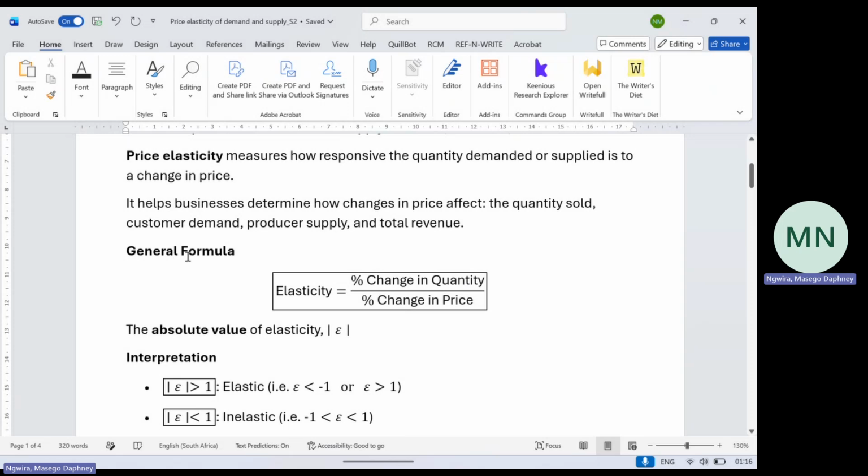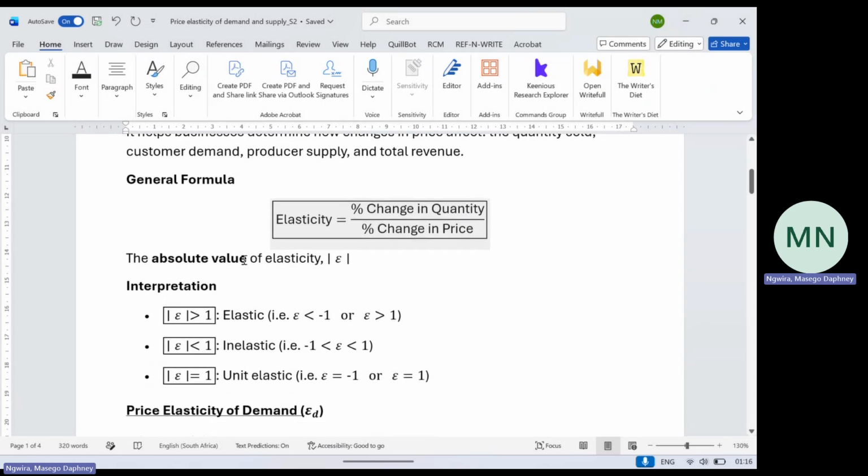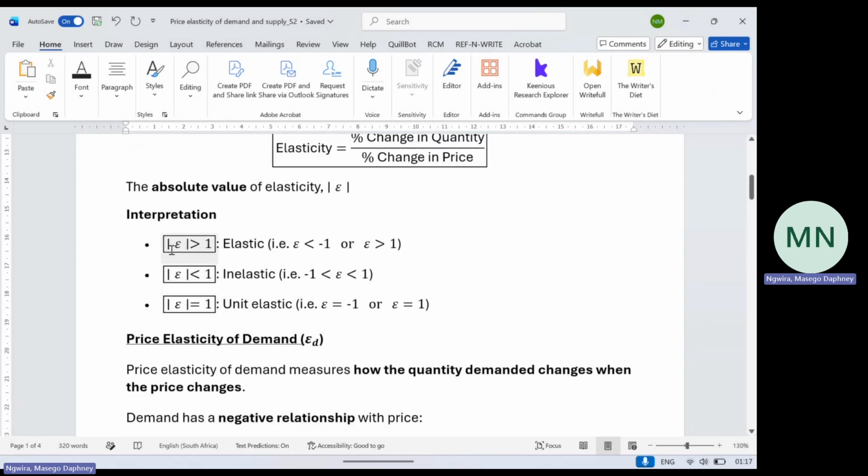The general formula for price elasticity is: elasticity equals percentage change in quantity over percentage change in price. And then the absolute value of elasticity, which is the numerical value without the sign, is interpreted as follows.